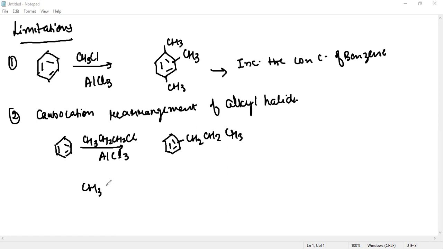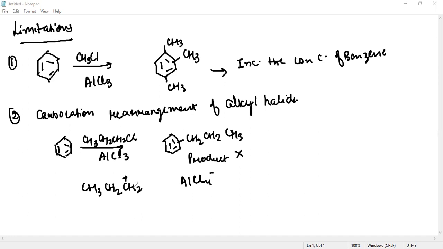So we should expect this to be our carbocation, since Cl leaves from here, which leaves the positive charge on this carbon, and you have AlCl4 negative as your other species. Now, you might expect that this should be your product here, but this is not the case, okay?